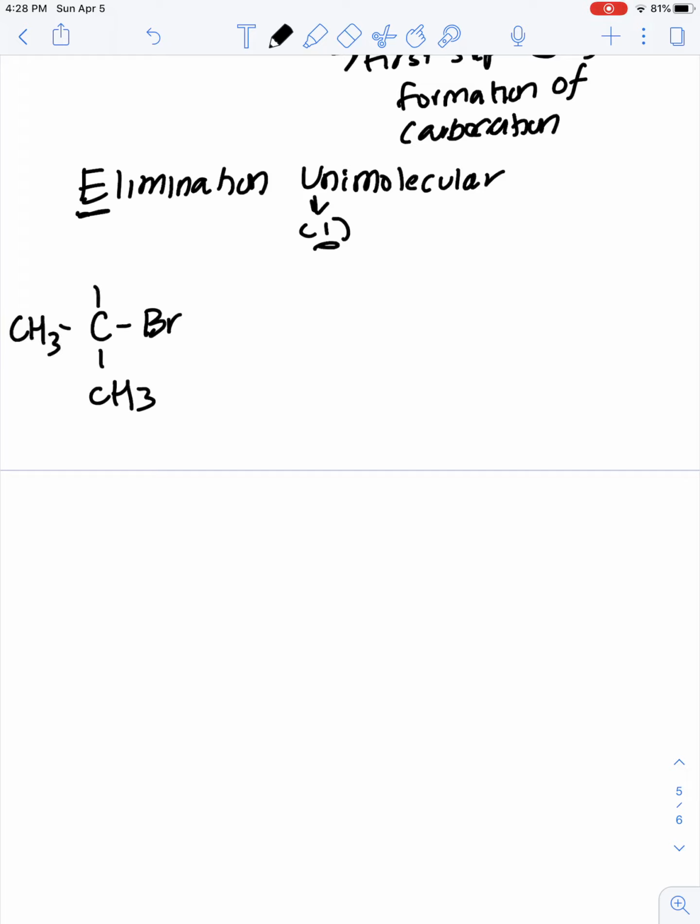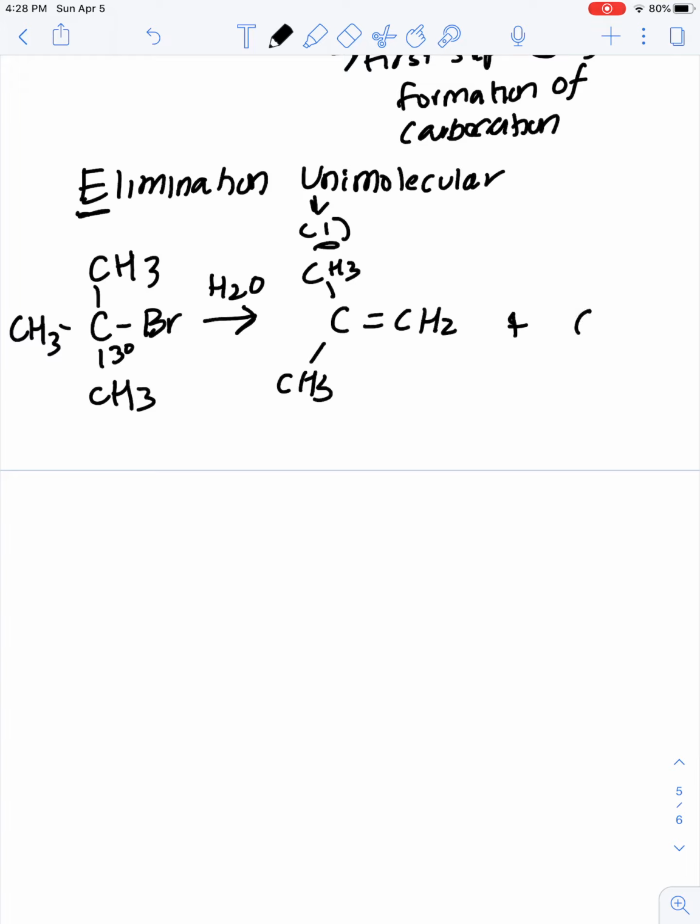Let's look at an E1 reaction. Say we have our leaving group on a tertiary carbon, and the reaction is done in water. Our product would be the formation of a double bond, so we have to think about where that double bond is forming.